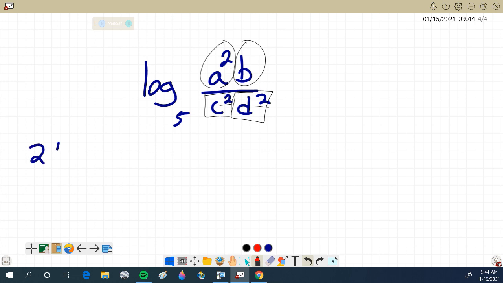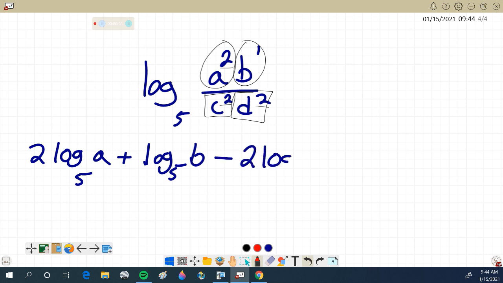So 2 log base 5 of a plus, and there's a 1 there. I can bring the 1 down if I want, but there's no point. So log base 5 of b minus 2 log base 5 of c minus 2 log base 5 of d.